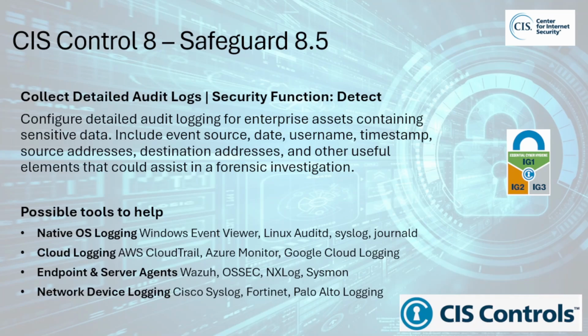Logs should include the following: the event source and type, for example, login, file access, system change; date and timestamp, which is standardized across systems; username or account ID; source and destination IP addresses; asset name or system involved; successful or failed logins; privilege escalations; sensitive file access; configuration changes; remote access attempts; system reboots or shutdowns; and any additional context, for example, privilege level or the command that was run.